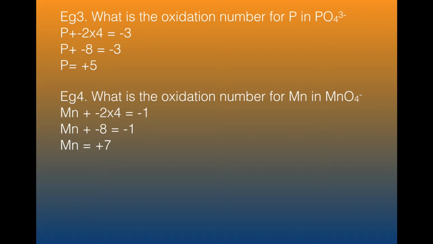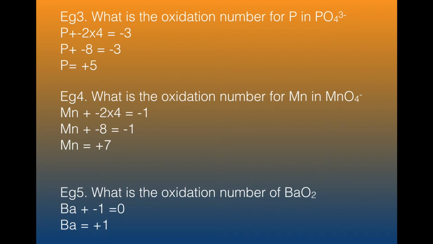You might find that different manganese compounds will actually give different oxidation states for manganese, and a lot of the transition metals, and this is a particular property that the transition metals have. That's why they have the name transition metals, because they transition between different oxidation states.